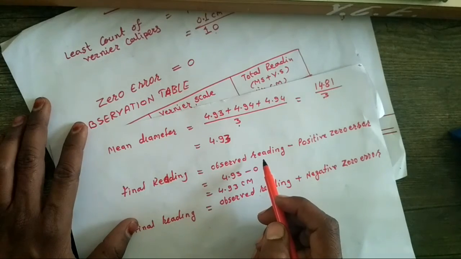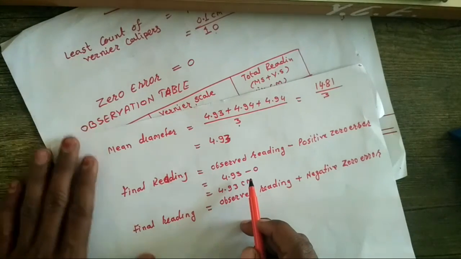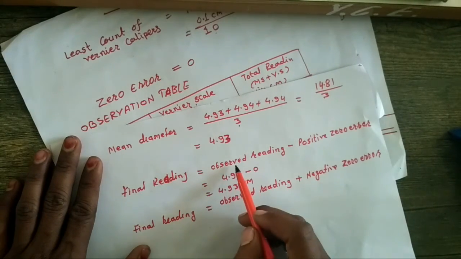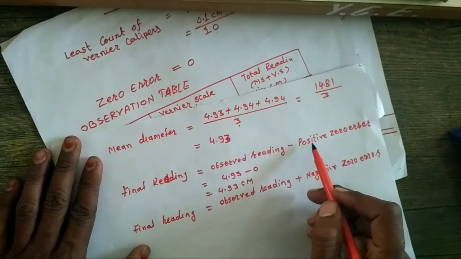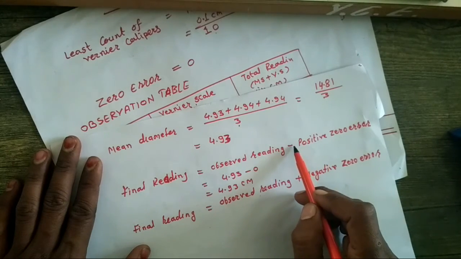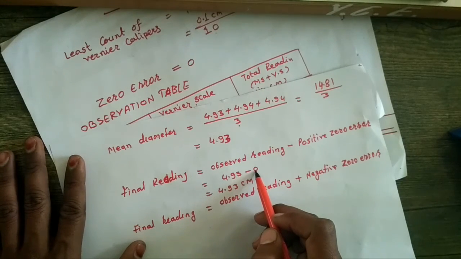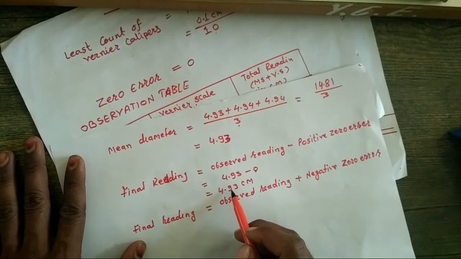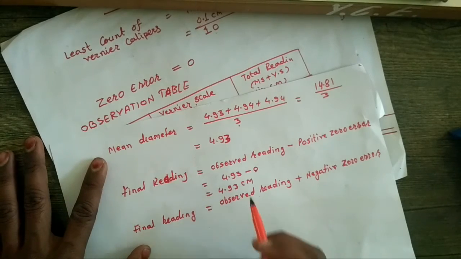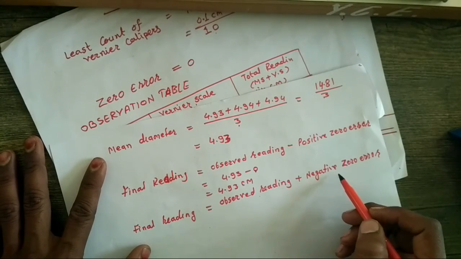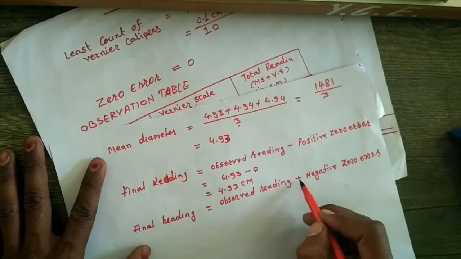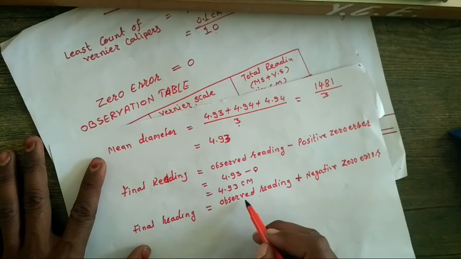If you have zero error in your vernier calipers, the final reading will be the observed reading minus the zero error; if there is positive error, it is subtracted. Since this instrument has no zero error, it is 0. The final reading is 4.93. If there is negative error, whatever the negative error is, it is always added to the observed reading.